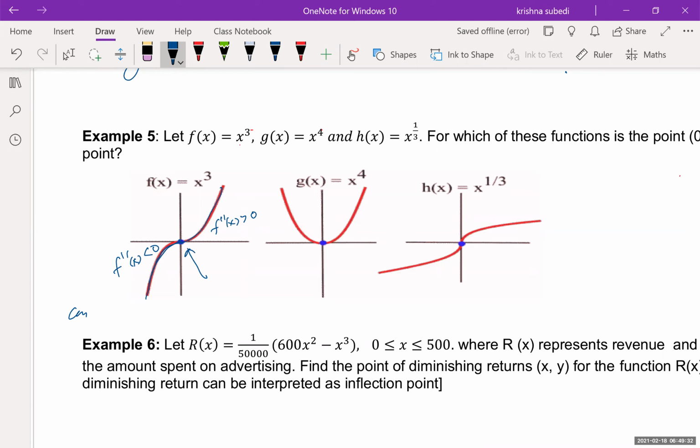Therefore, this is my inflection point. Now, I want you to let me know what the inflection points are for the second and third graphs. Take a few seconds and let me know.